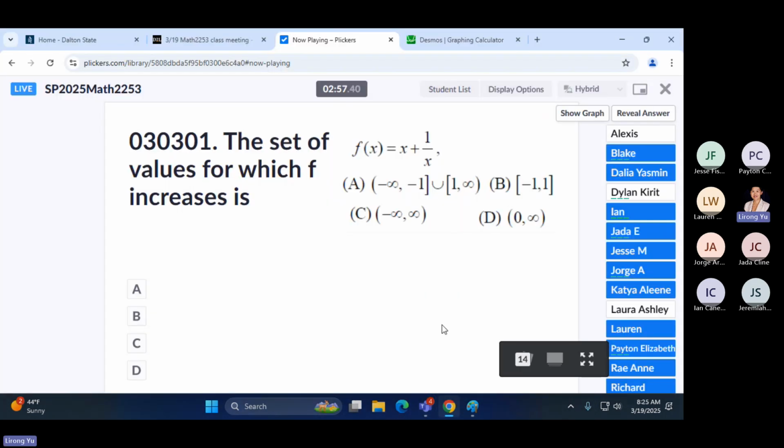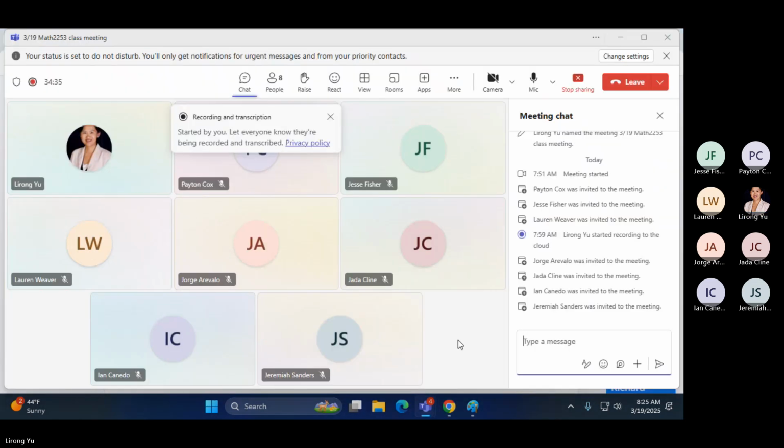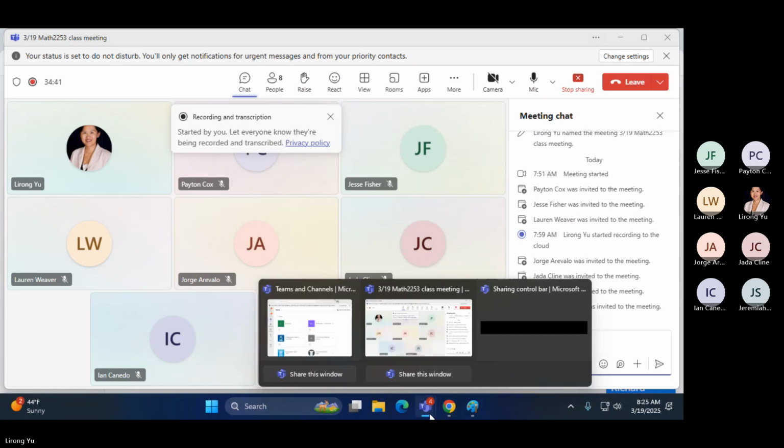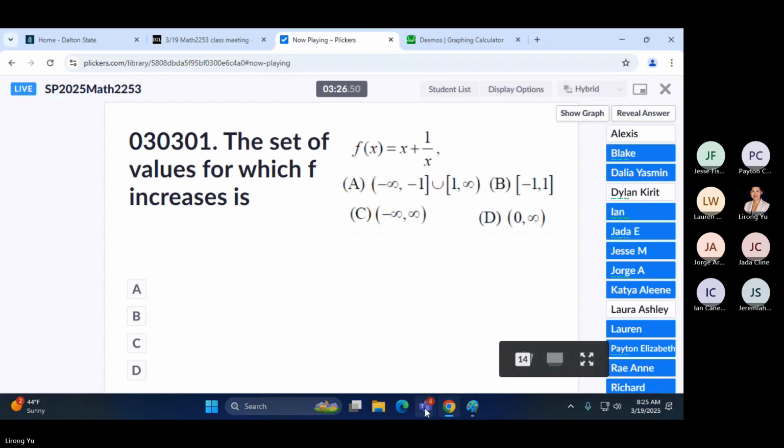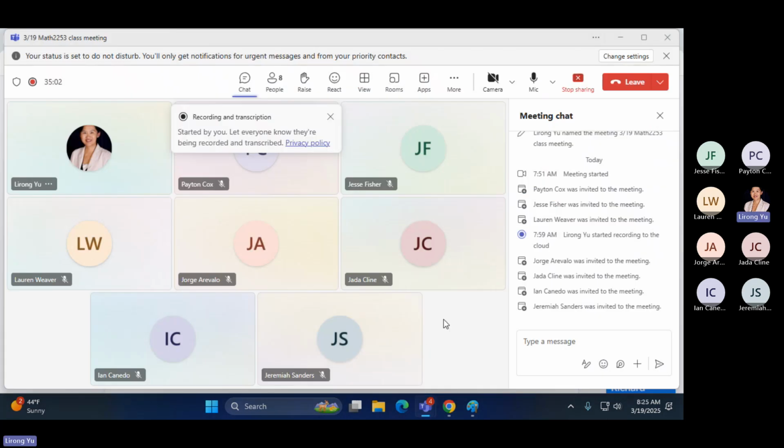I don't see Alexis or Laura. Like a student attending online. 11, and the answer submitted is 12. So we're missing one. Dylan, are you online?